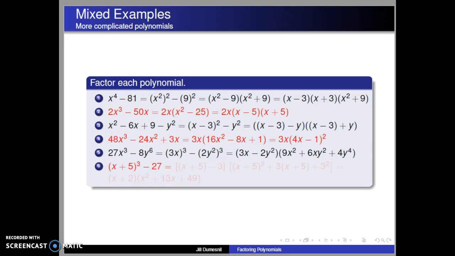For our first factor, we get the first base, same sign, the second base, and then we get a trinomial factor with the first base squared, opposite sign, the product of the two bases, always positive, the last base squared. Now simplification of both factors produces x plus 2 times x squared plus 13x plus 49. You should check the details on that simplification step on the last example.